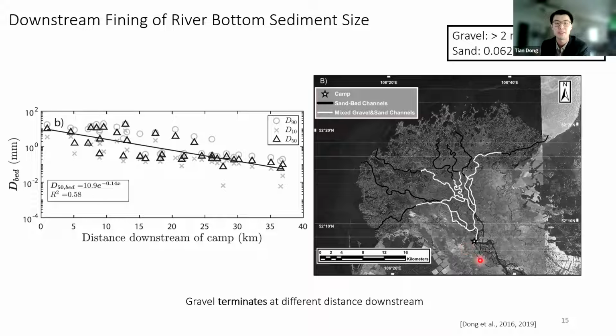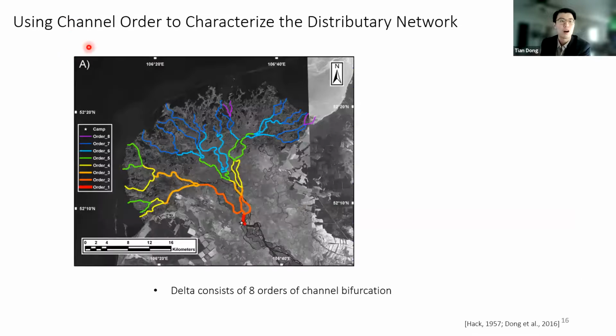First, we want to characterize the distributary channel network. To do this, we borrow a concept from the tributary system, channel orders, which is a relatively easy to use concept. Basically, the main river is an order 1 channel and bifurcates into order 2 channels, then order 3 channels, and so on.